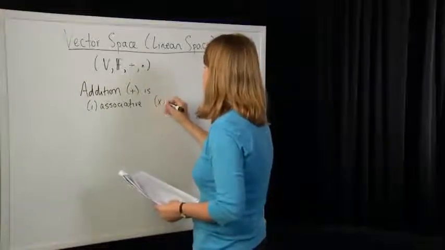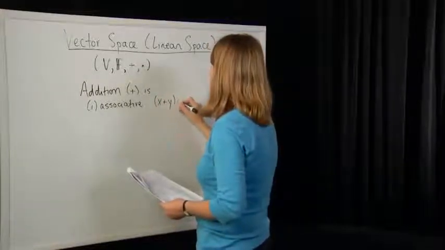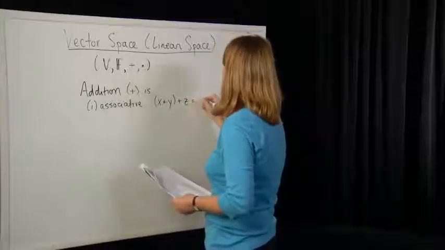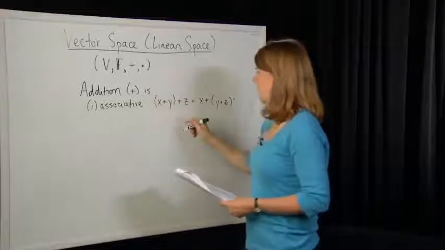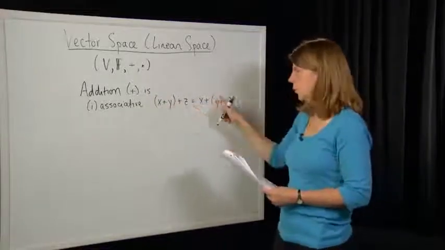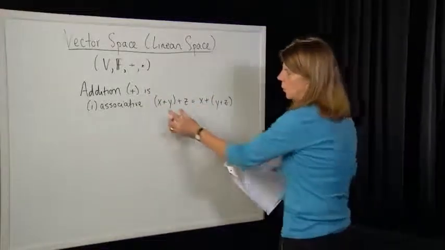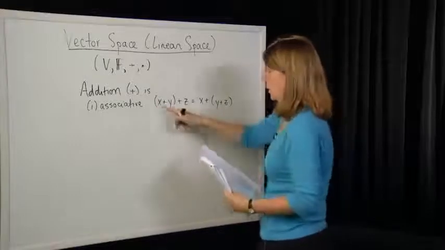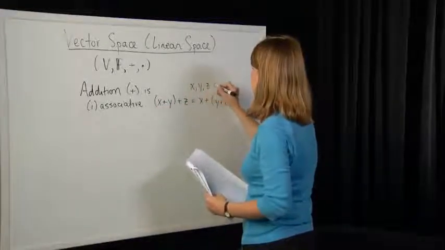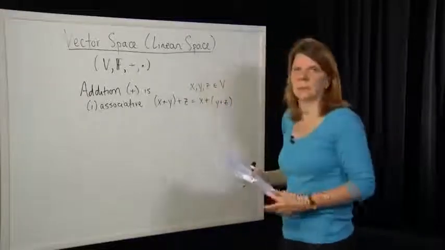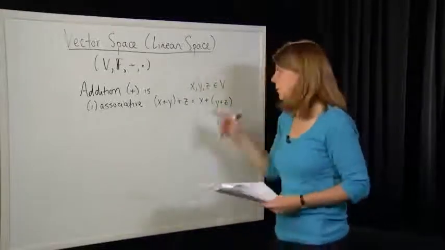So it means if you look at three vectors, x, y, and z in your vector space, then this associativity rule holds. So it's the same rule we had before, but now we're just careful. These are elements. So here, rather than being elements of the field, they're elements of the set of things that we're going to be calling vectors, V.